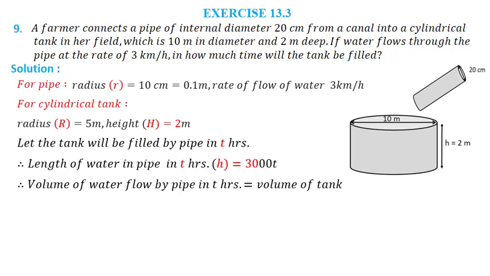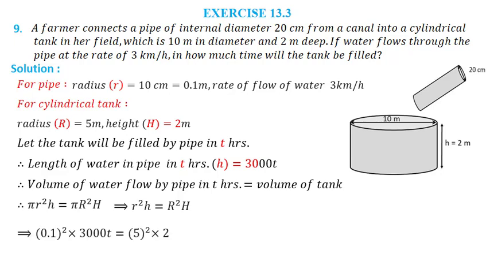Now the volume of water flowing through the pipe in t hours is the volume of that cylindrical pipe, so I put the formula as pi small r square h. Here the value of h is 3000 t, equal to pi capital R square capital H. Now pi we can cancel. We get small r square small h equals capital R square capital H.